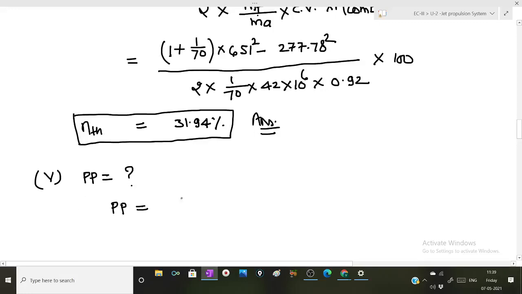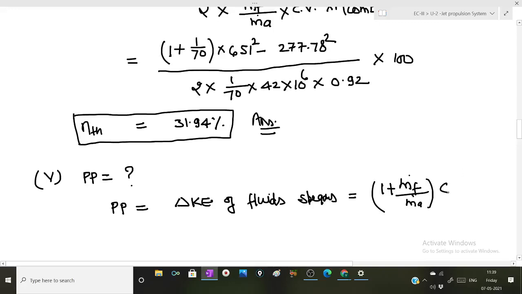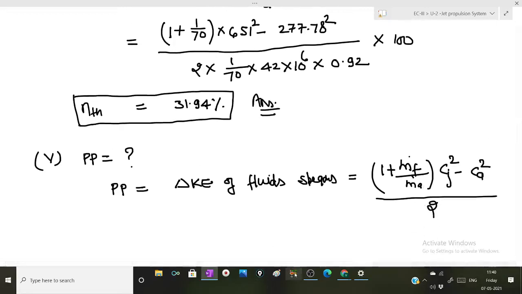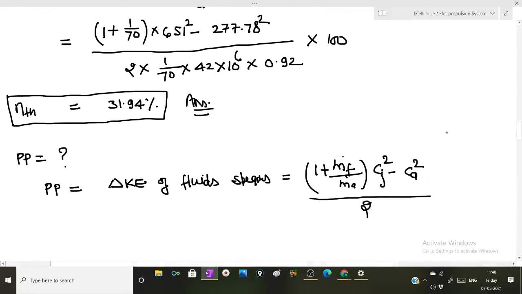Propulsive power is given as change in kinetic energy of fluid streams, and it is given by 1 plus m dot f over m dot a, Cj square, this is the kinetic energy of jet, minus Ca square, kinetic energy of incoming air, divided by 2. And this will be in watt per kg of air.